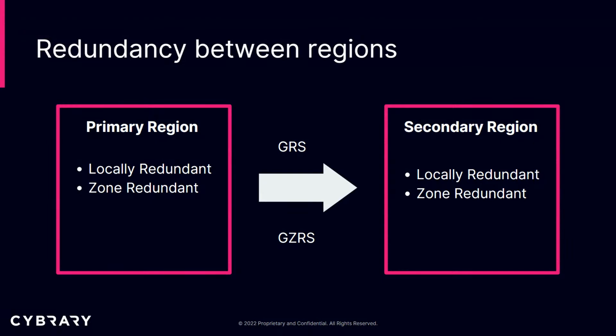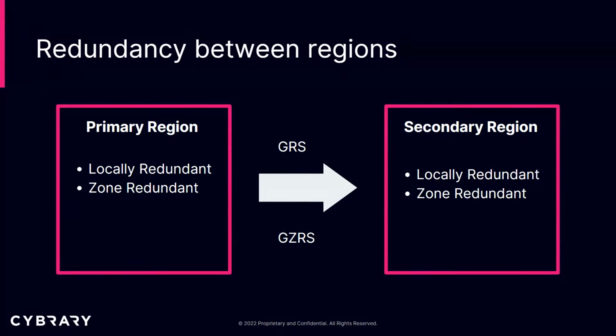When you create a storage account, you will obviously select the primary region for that account. Then you can choose to pair the secondary region. The secondary paired region is determined based on the primary region and cannot be changed.